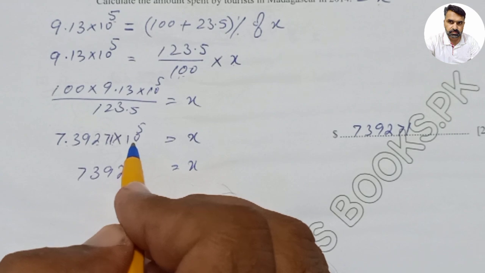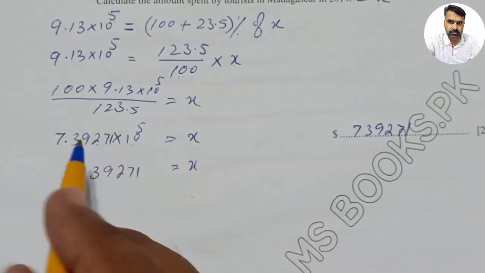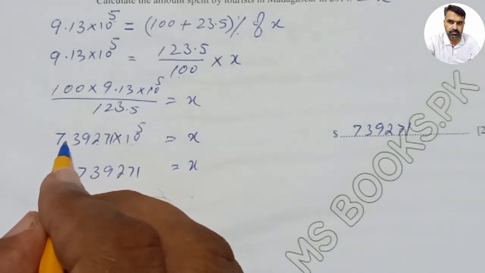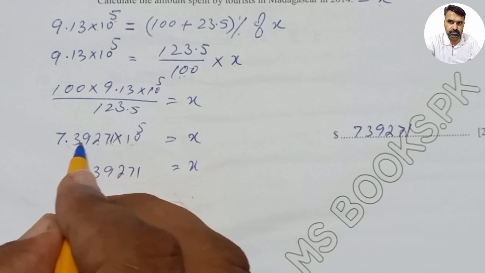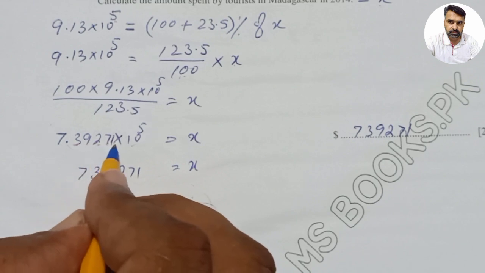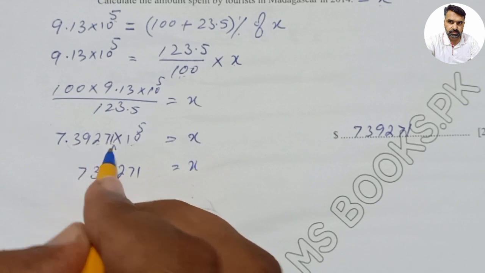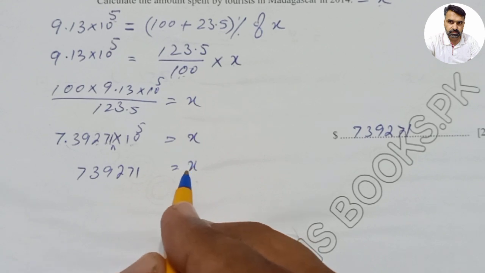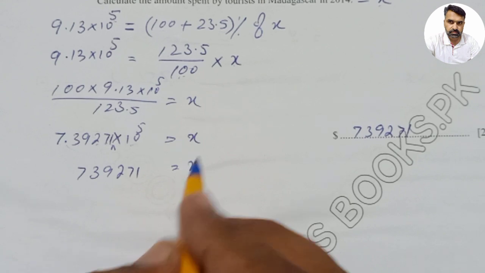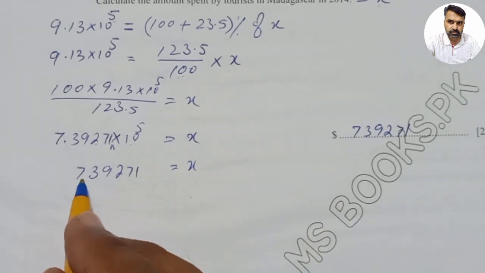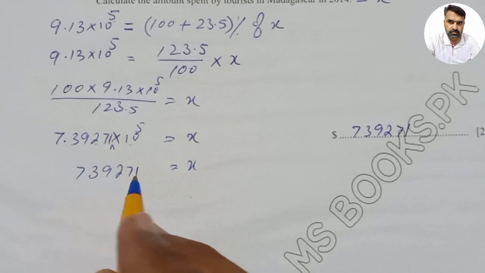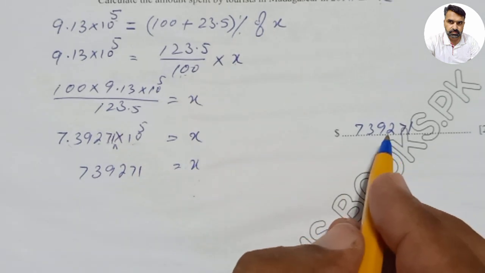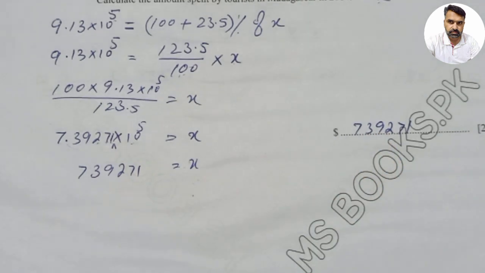This 10 to the power of 5 indicates that we have to move the decimal point 5 digits to the right, 1 2 3 4 5. So the amount spent in 2014 is $739,271.